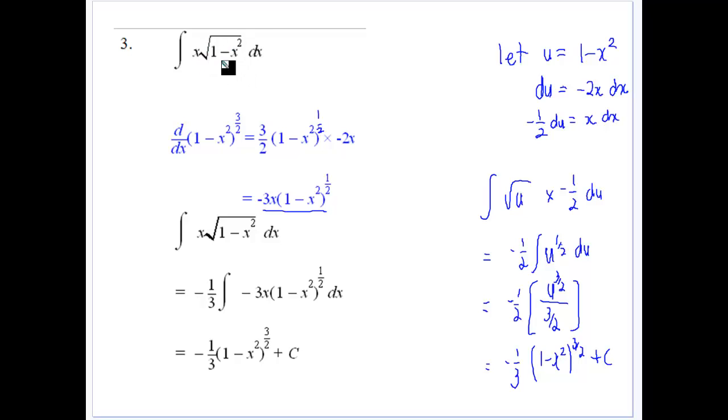x outside of the square root of 1 minus x squared, or 1 minus x squared to the power of a half. Again, if I'm going to integrate that, that's going to be something like (1 minus x squared) to the power of 3 on 2. So what would the derivative of that be? Well, that would come down to minus 3x times (1 minus x squared) to the power of a half when we do the chain rule.